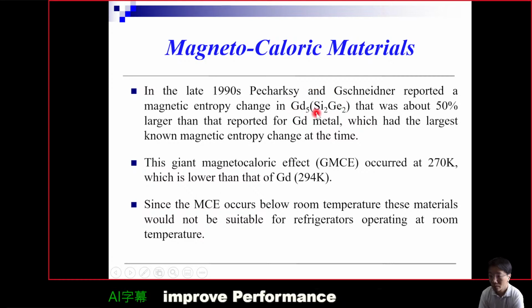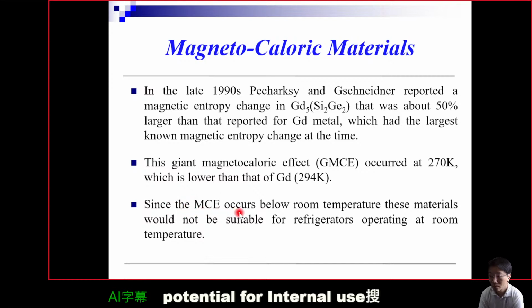This kind of material contains a giant magnetocaloric effect, which we call GMCE, and not only does it have a GMCE, but it also occurs at a very high temperature, which is 270 K, close to 0 degrees. Although it's a little low relative to gadolinium, I think it would have some potential for industry use.